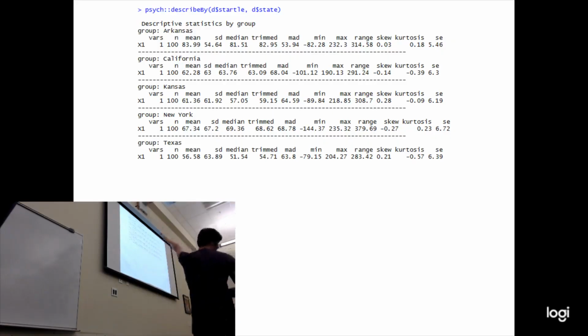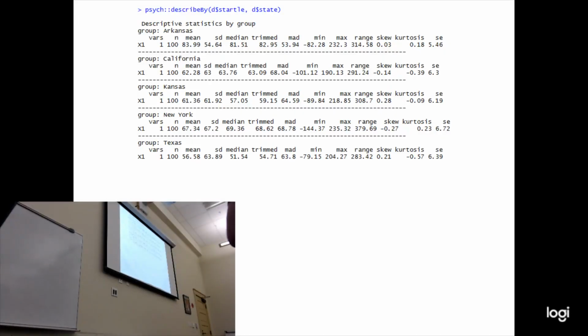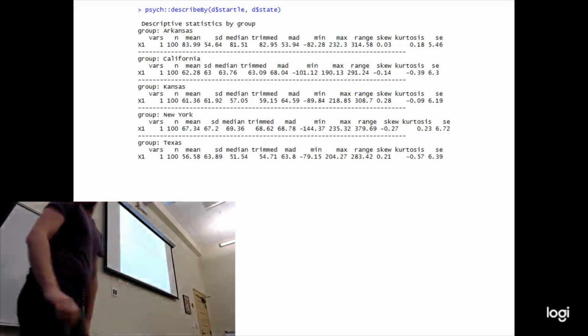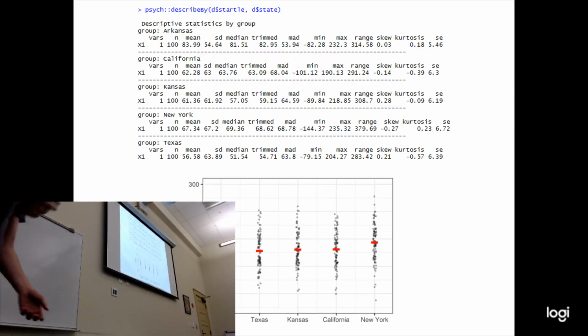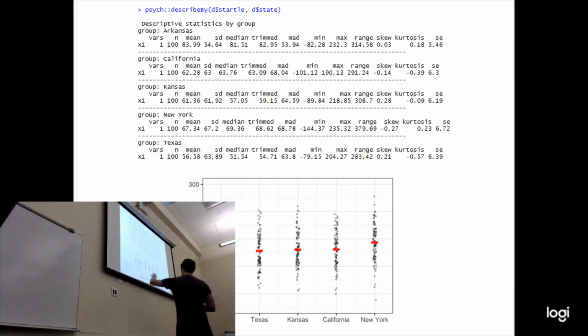Here, I'm using describe by to get a bunch of descriptive statistics within each of the state groupings. If you look along the column that says mean, you'll see there does seem to be some state variation in startle response, in anxiety. If I do an exploratory graph like this, you can also see that the red lines are means, so you also see some variation in means.